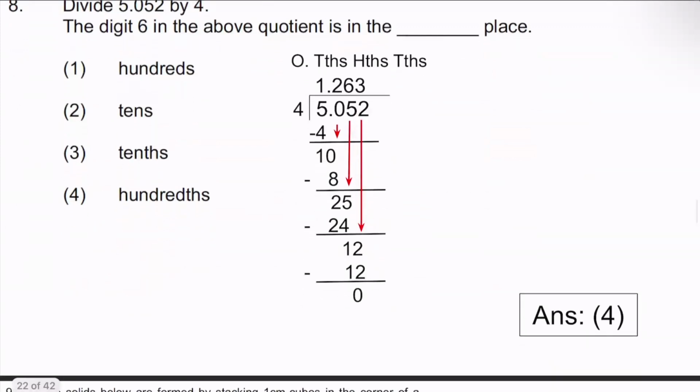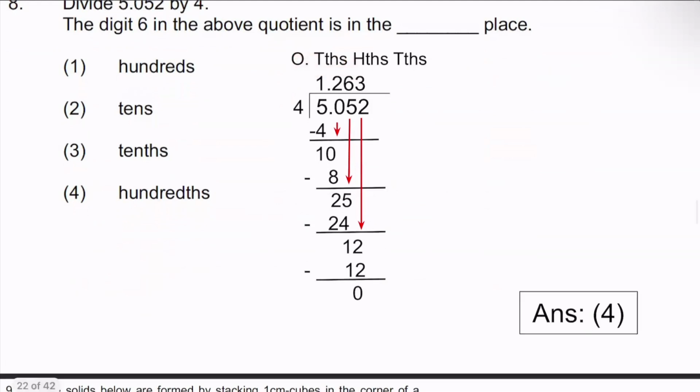So it becomes 12. So 12 divided by 4, you get 3, exact. So 4 times 3, you get 12. So 12 minus 12, you get 0. After this, it cannot be divided any further because this is a 0.